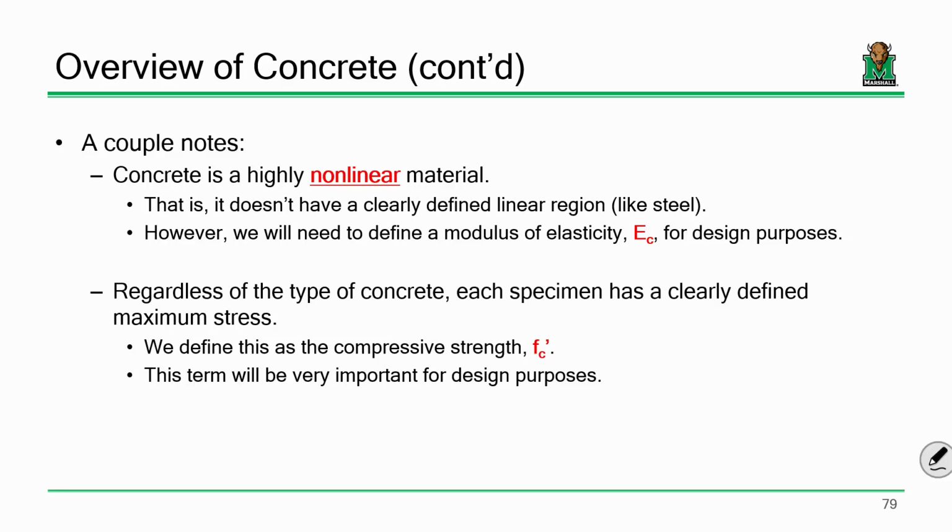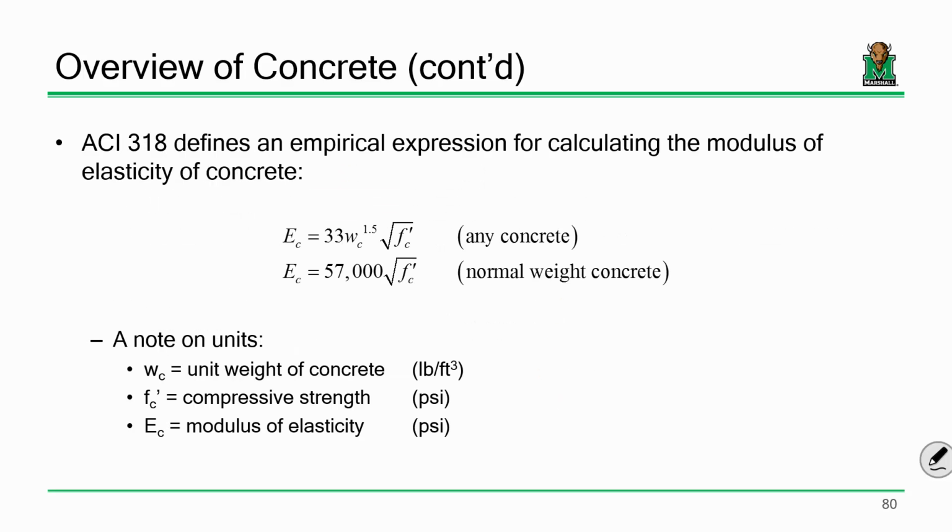We'd love to do that, but sometimes we just can't, okay? So what we have to do is develop what's called an empirical equation. The idea is we do a bunch of testing, try and curve fit a model, and it works pretty good. Now, the reason why I bring this up is because I want to look at this equation, okay?